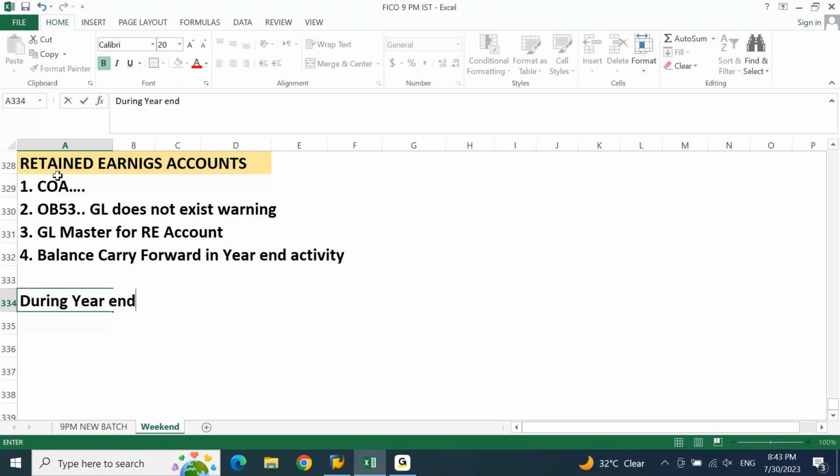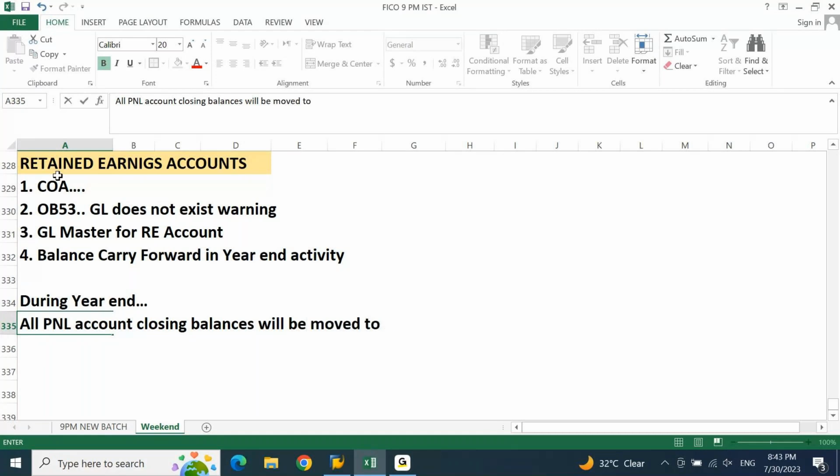During year end, all P&L account closing balances will be moved to retained earnings account.